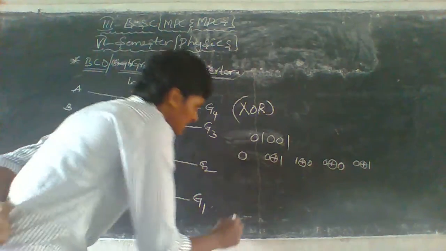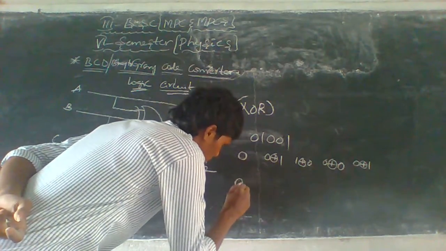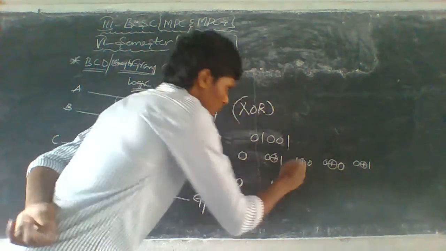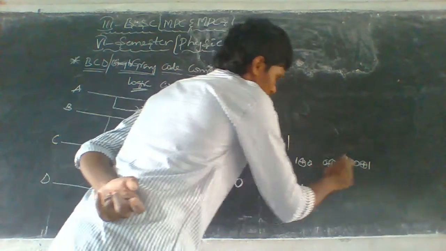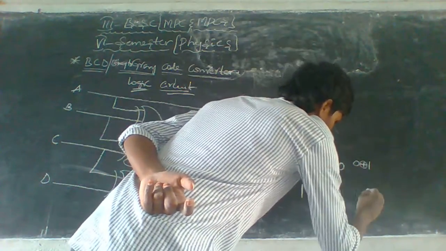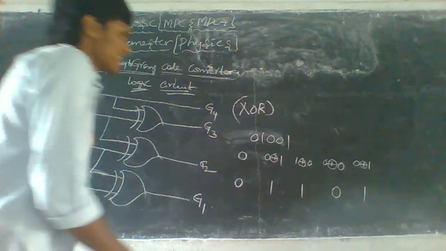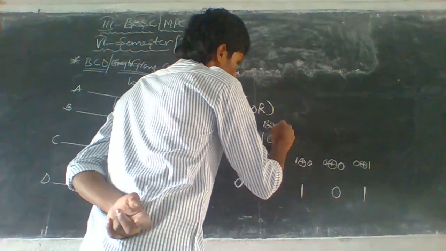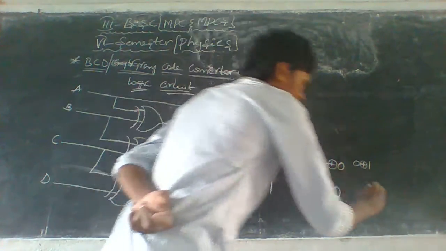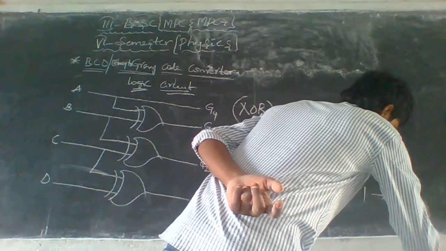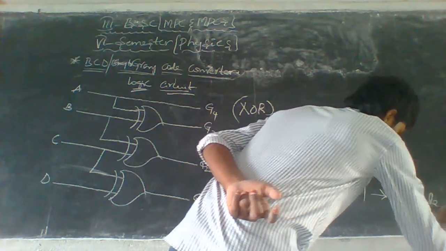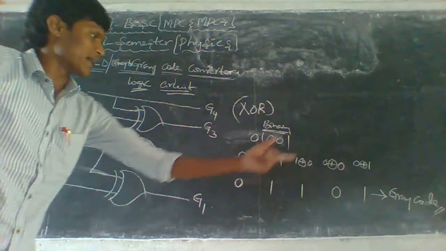So the result is 0, 0 plus 1 is 1, 1 plus 0 is 1, 0 plus 0 is 0, and 0 plus 1 is 1. Here this is binary, and here this is the gray code conversion. This is the binary to gray code converter.